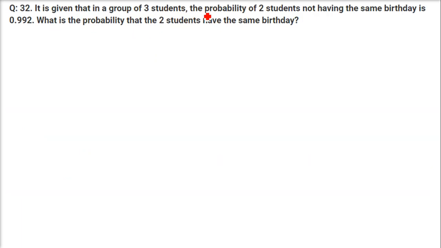It is given that in a group of 3 students, the probability of 2 students not having the same birthday is 0.992. What is the probability that 2 students have the same birthday? We are already provided the probability of not having. So not plus yes, no plus yes, is always 1.